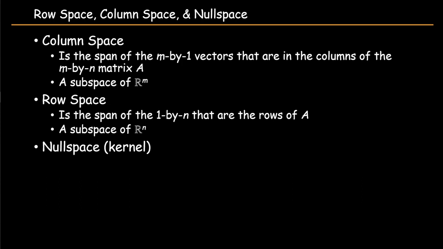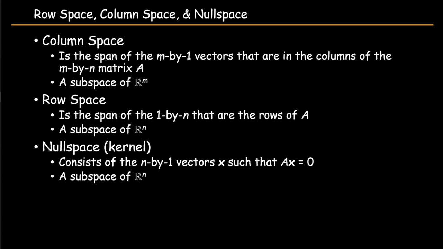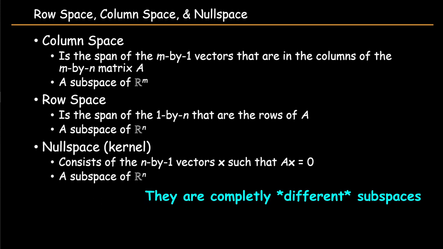That should ring a few bells, and it consists of n by 1 vectors x such that A times x is equal to 0, and it is a subspace of R to the n. And notice how the row space and null space are both subspaces of R to the n.